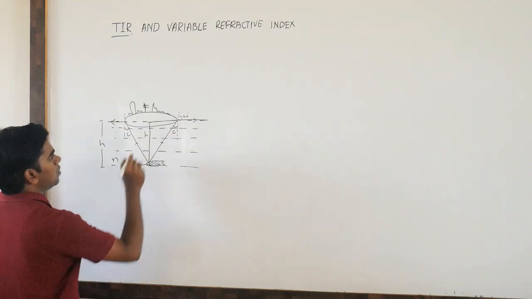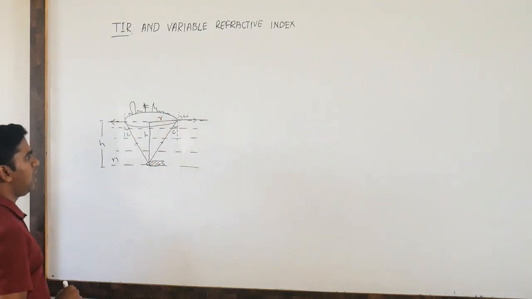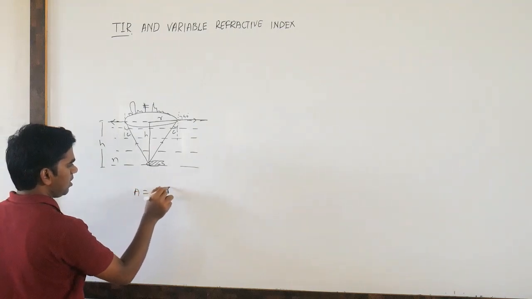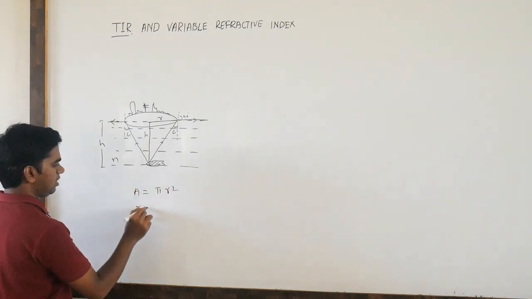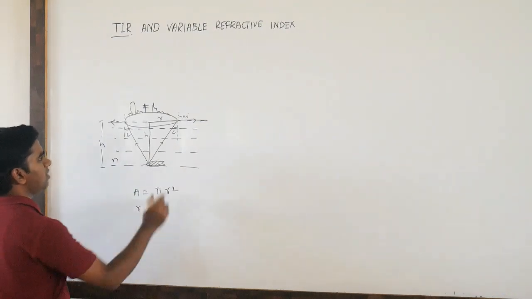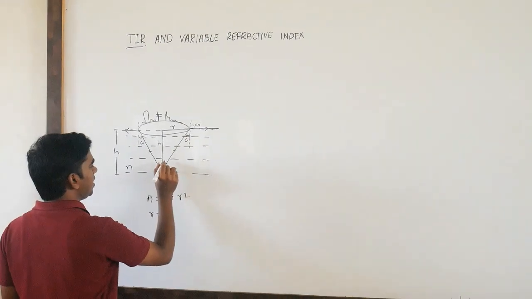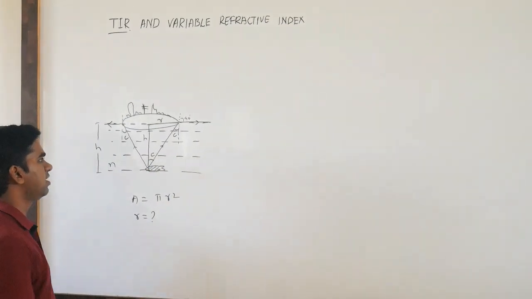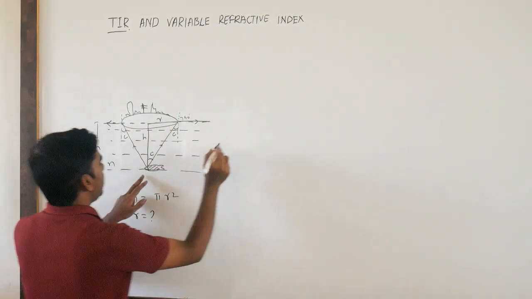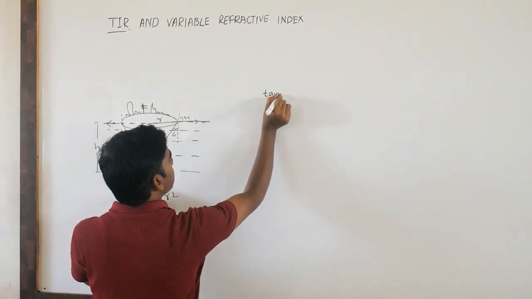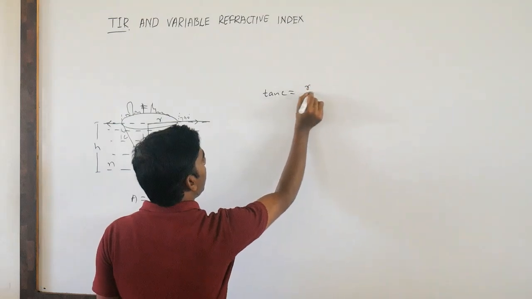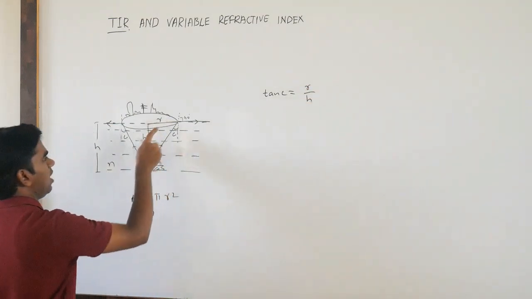So when we find this r first, then we can find the area. Area too we can find easily: A equals pi r square. For that we need the value of r. So how can we find the value of r? If this is critical angle C, and this is also critical angle C, then from this triangle I can write tan C equals opposite divided by adjacent, so r divided by h.